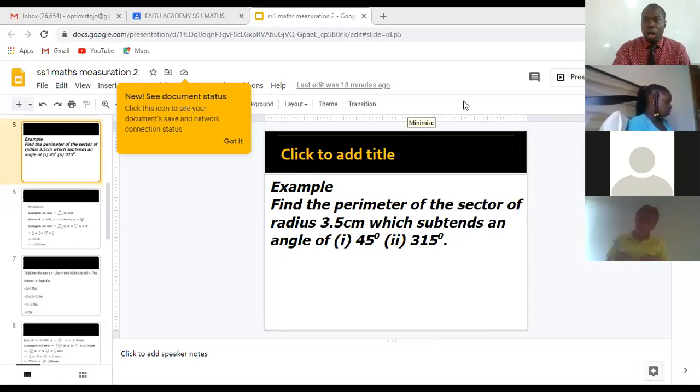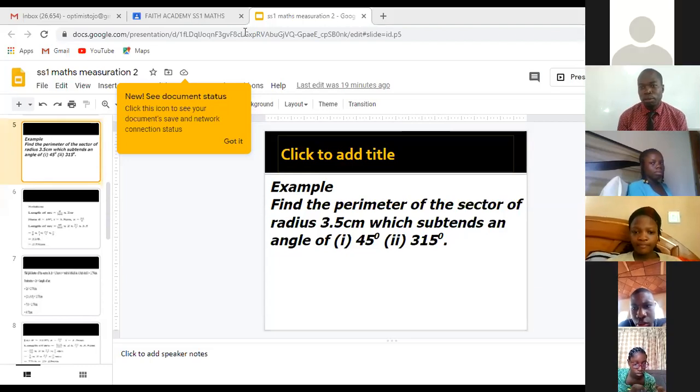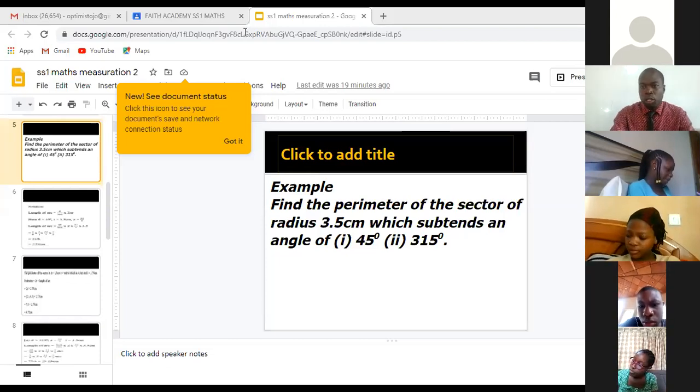Are we through? The number is appreciating small. We are up to 30 in the class today. I know we used to be more than 60 before. So please, what is the answer?